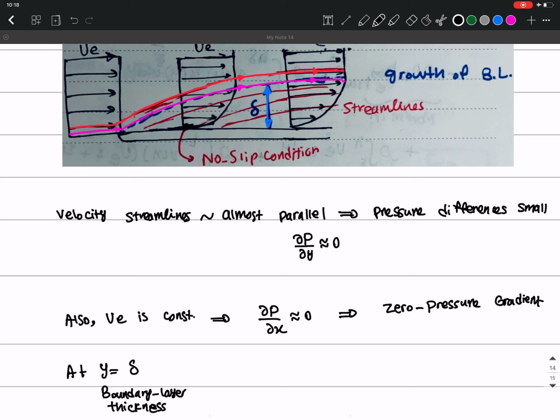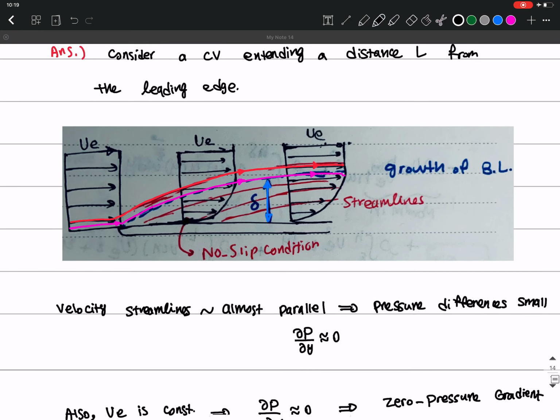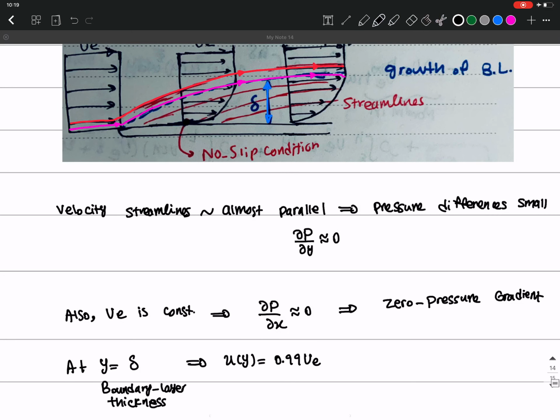We define this delta as where the velocity u(y) becomes 99% of UE. We don't define it exactly as where it is UE, but about 99% of UE. This is just a definition for the boundary layer thickness.